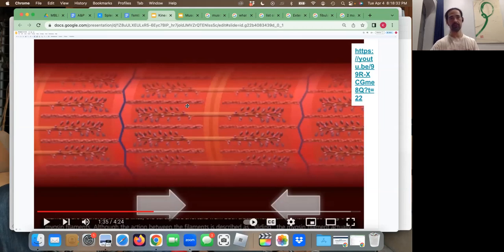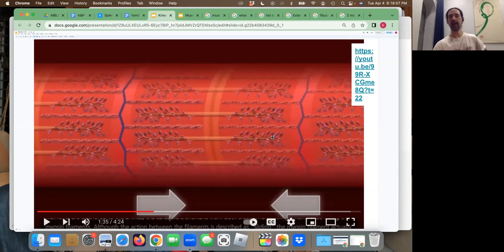So if you look at a muscle fiber, so this is one muscle fiber, a myofiber. It has stripes, right? What do they call that? Striated. And the striations actually come from this area right here where these different filaments overlap. These are actin filaments and these are myosin filaments.